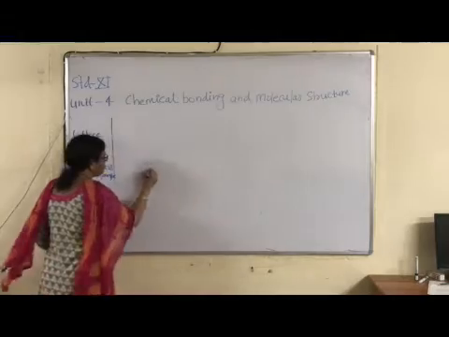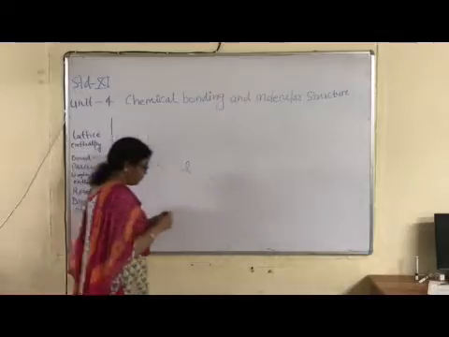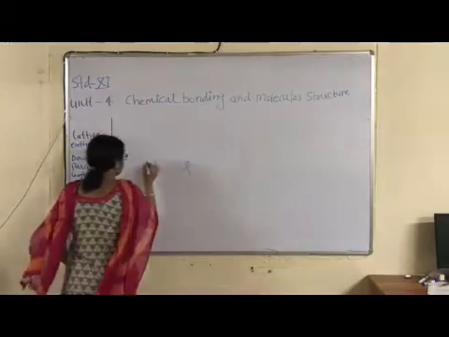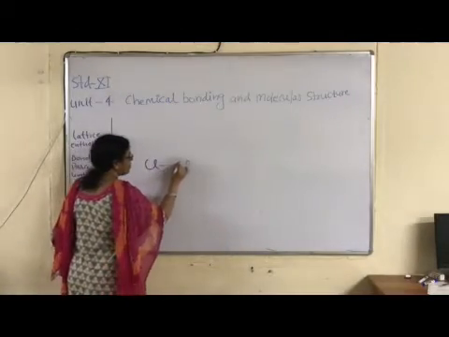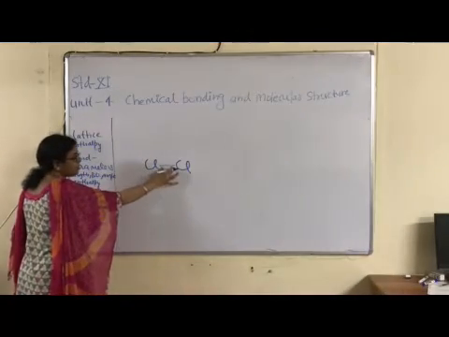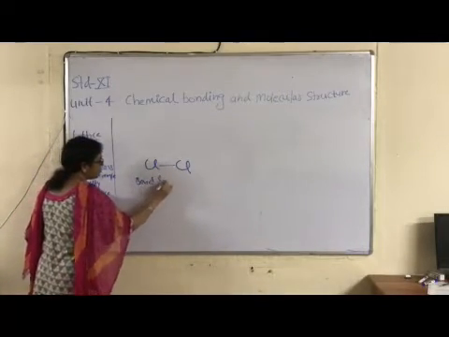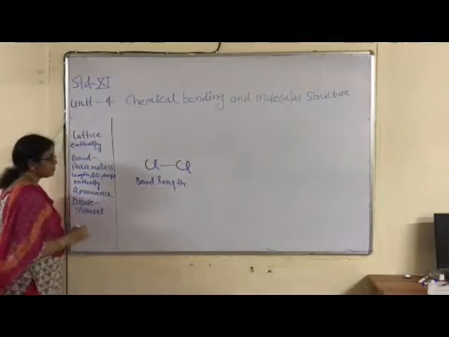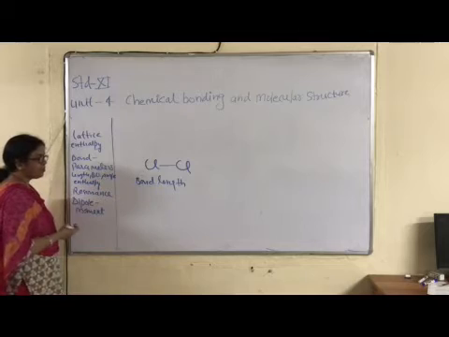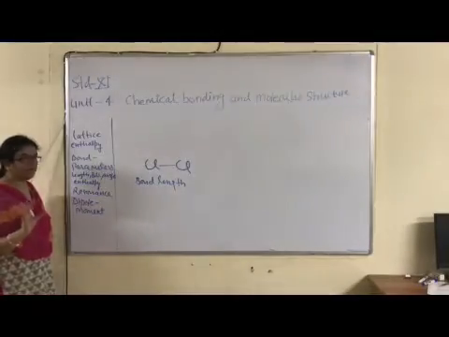For example, chlorine, a homonuclear molecule, right? Only one bond is present in chlorine. Right? This equilibrium distance, the minimum distance between two bonded atoms, is known as bond length. Okay? This bond length depends upon the type of molecule. This is a homonuclear molecule. Homo means this molecule is made by combination of chlorine atoms only.